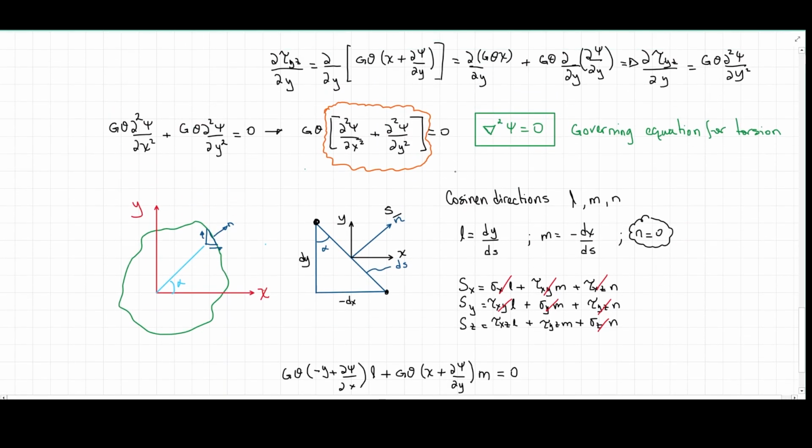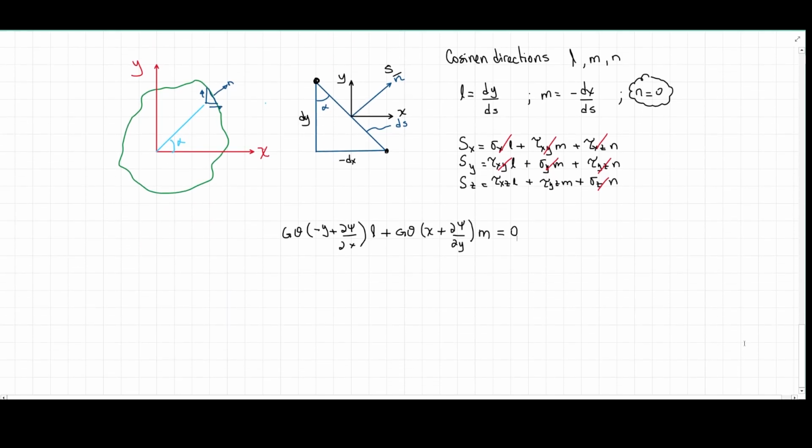Now, I know the values of L and M, which are in here. So I have L is this, and M is this one here. Then I can substitute these two values in here.